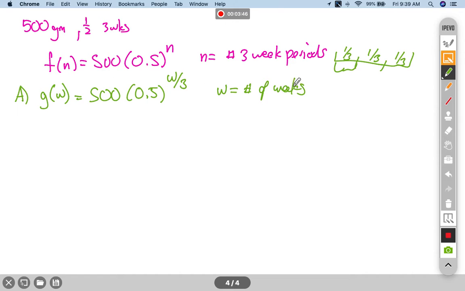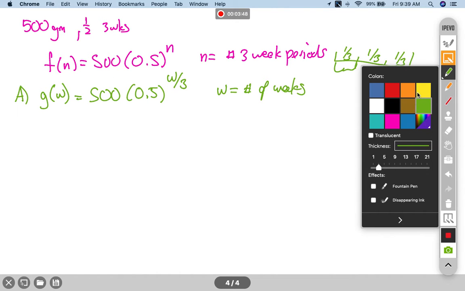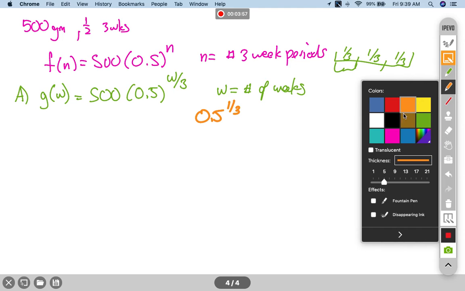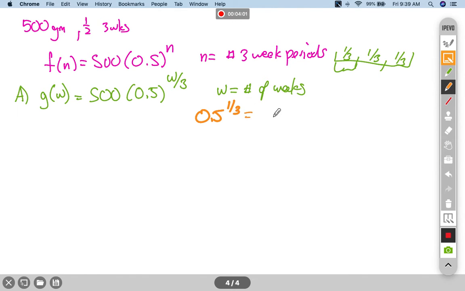We could also come along and say, let's go with this one. Take this to the 1/3 power. 0.5 to the 1/3 power, or the third root of 0.5, is going to give us 0.7937.